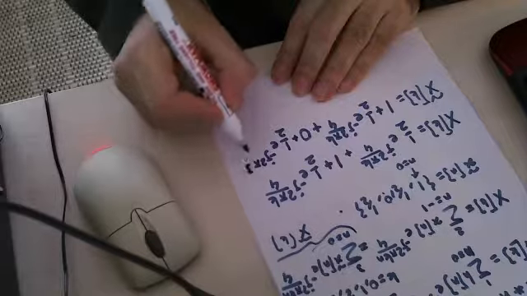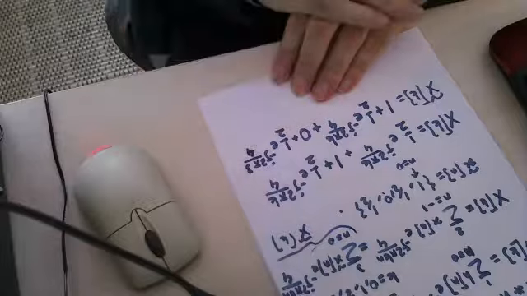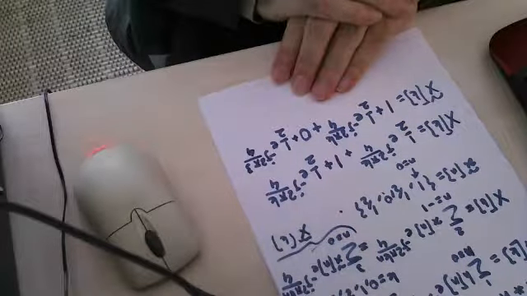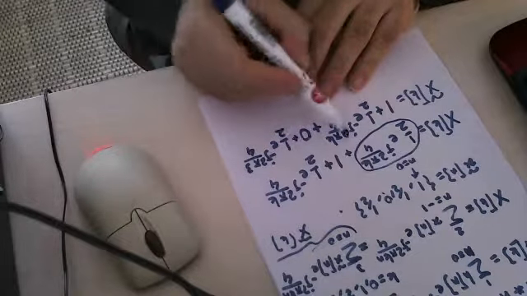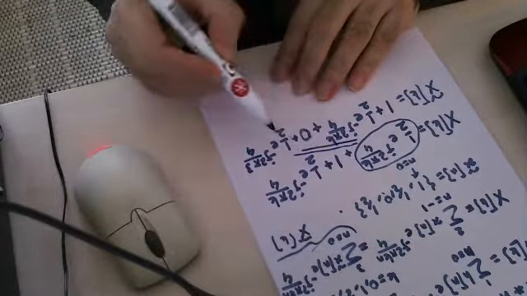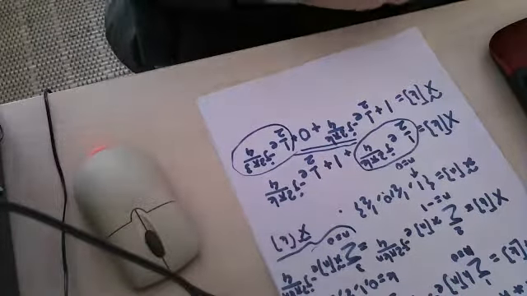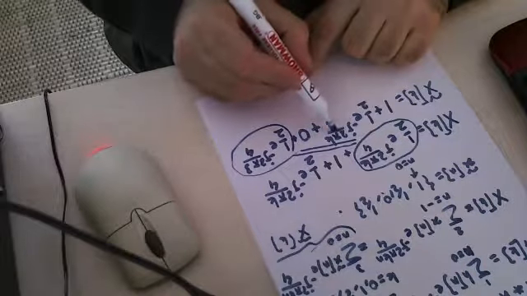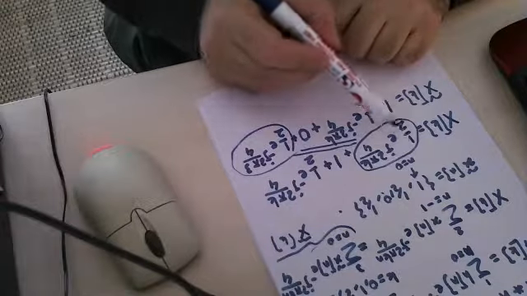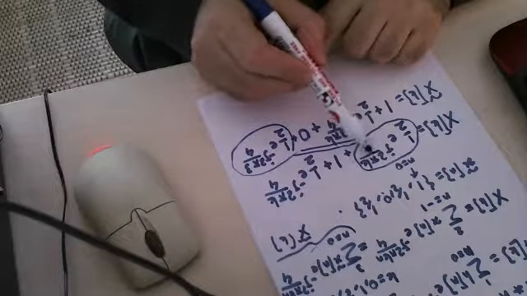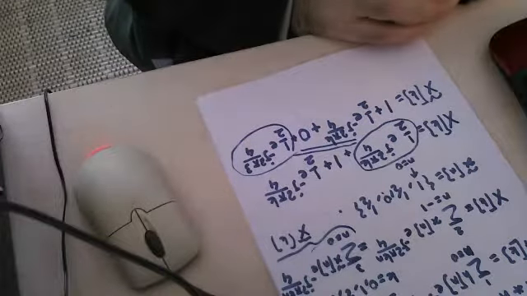Now you can easily show that this is equal to this: 1/2 e^(j2πk/4) is equal to 1/2 e^(-j2π3k/4).